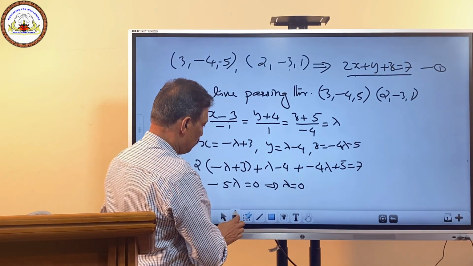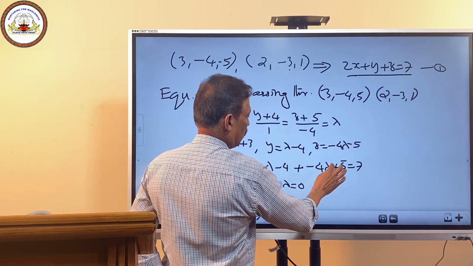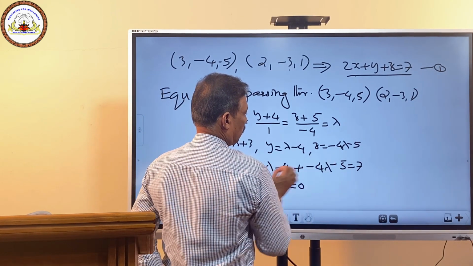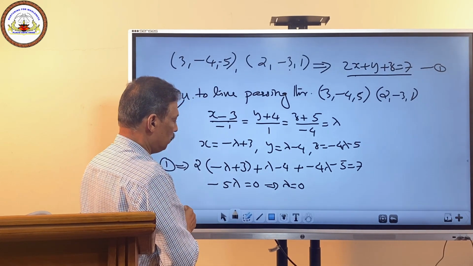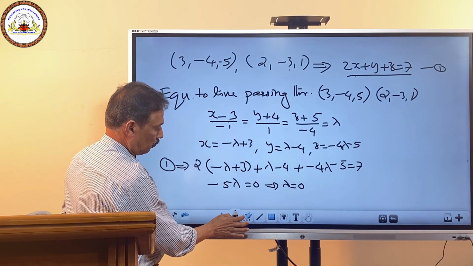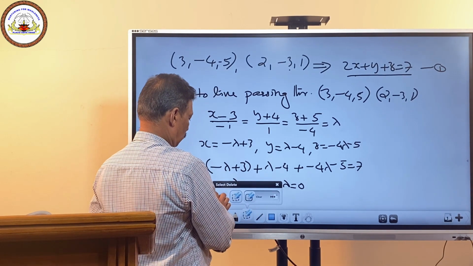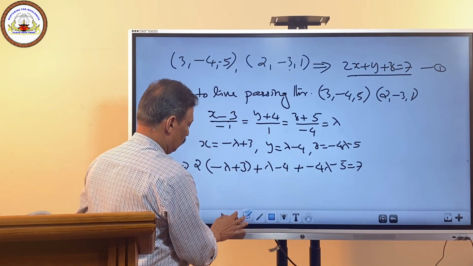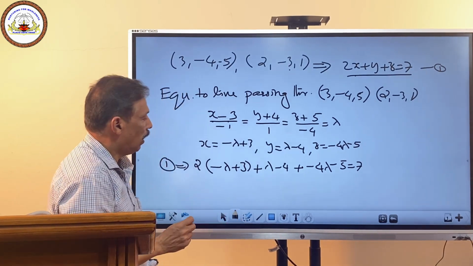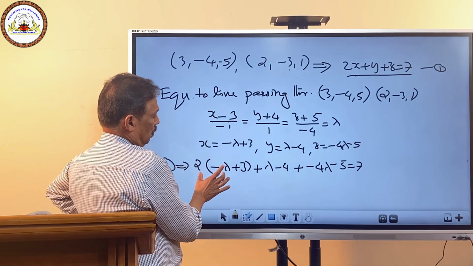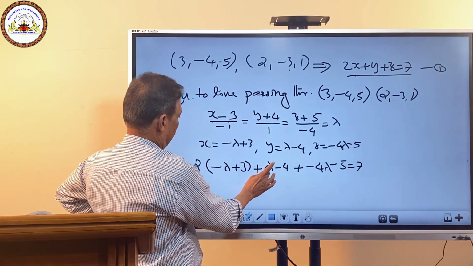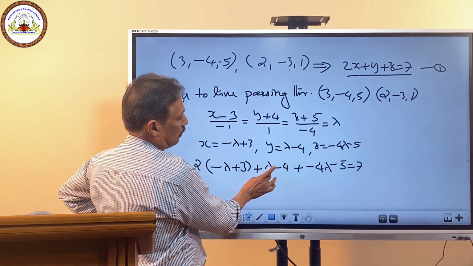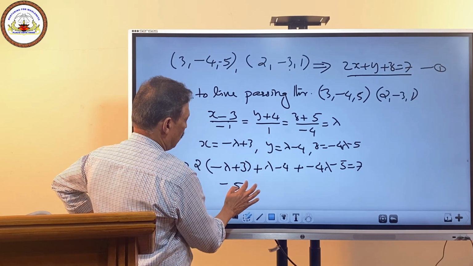Substituting for lambda: minus 2 lambda plus lambda plus 6 lambda, that is 5 lambda.